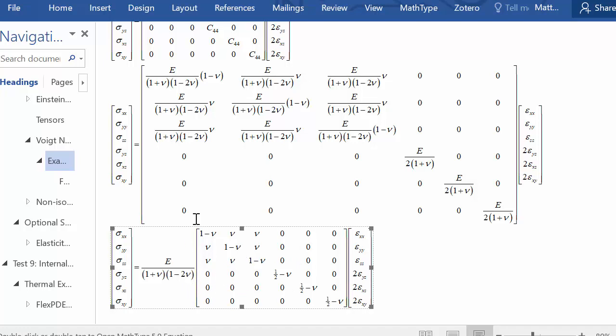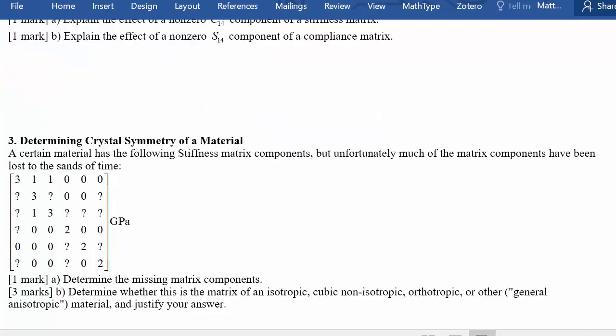It would all be proportional to that. So the inside, it should all work out as equivalent to what we've got. So half of the 1,1 component minus half of the 1,2 component should be the 4,4 component if it's isotropic.